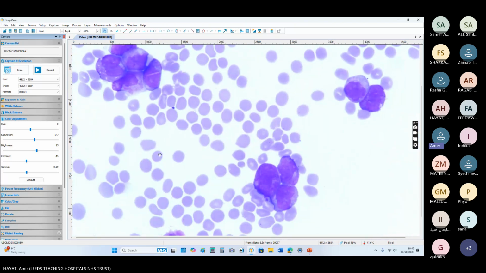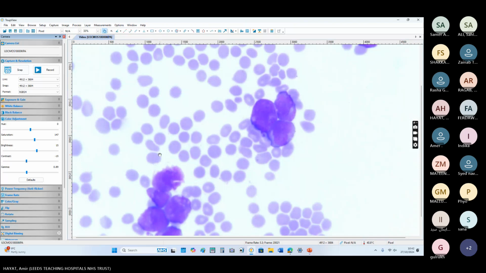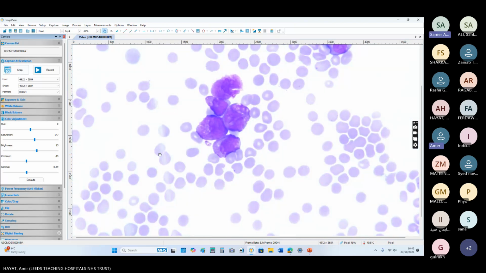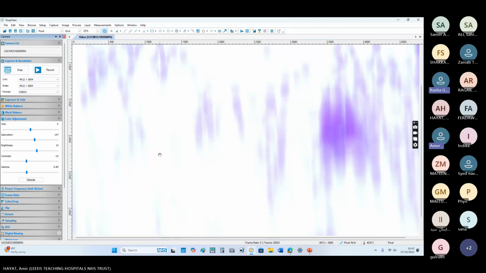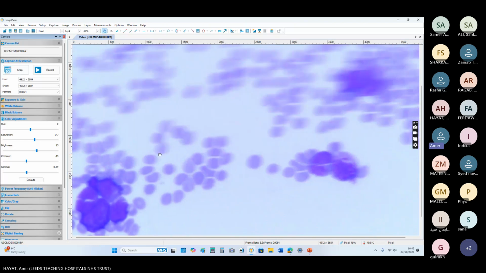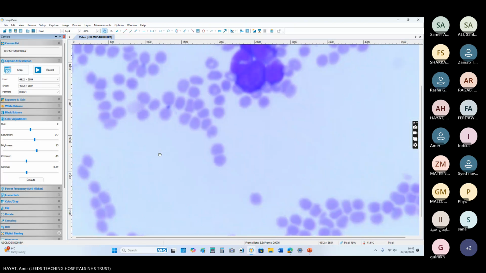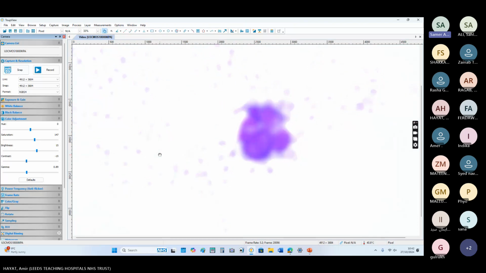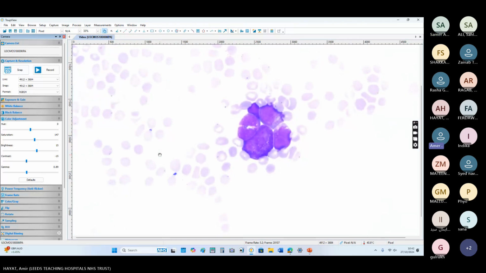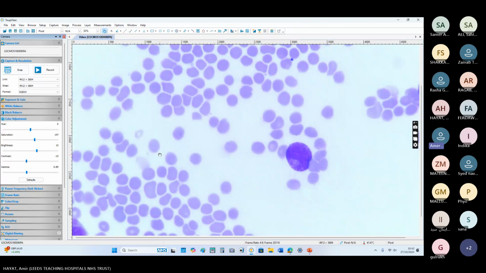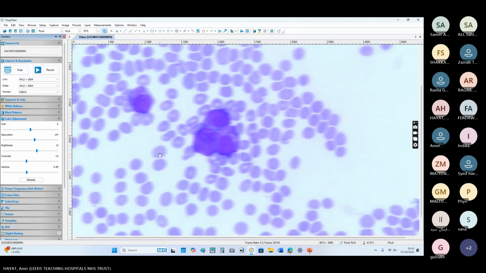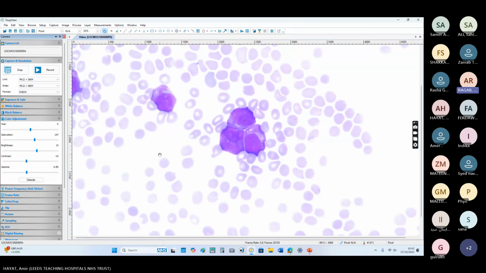How would you treat this patient? With ATRA and arsenic, or with ATRA and idarubicin? What was the patient's age and comorbidities? Patient is 30 years old and has no comorbidity. And the white cell count?